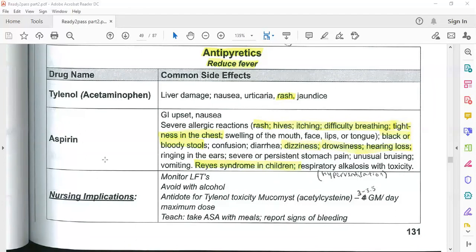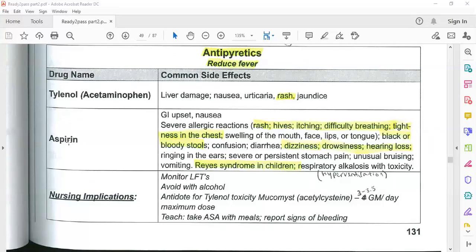Let's go to another most important medication we have to know, called aspirin, right? Aspirin we use for the fever, aspirin we use for pain, aspirin we use for heart problems as a blood thinner.